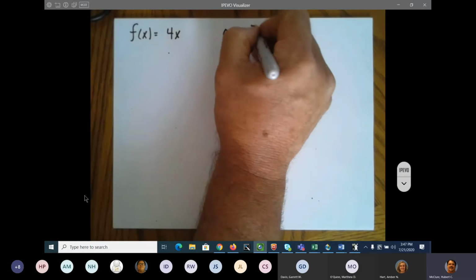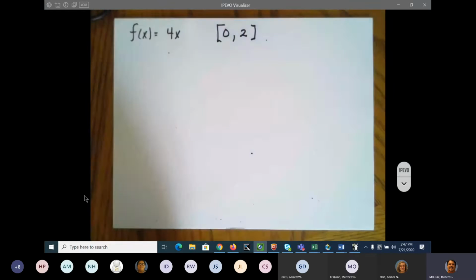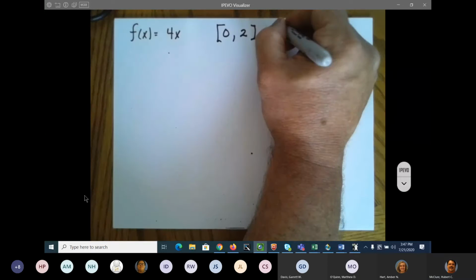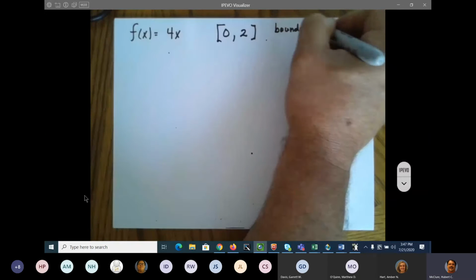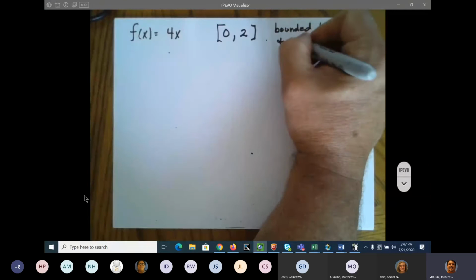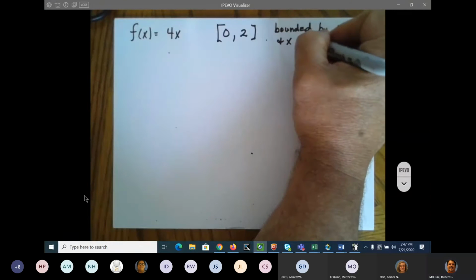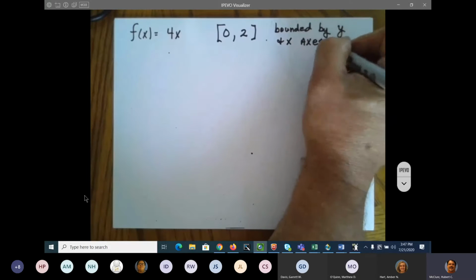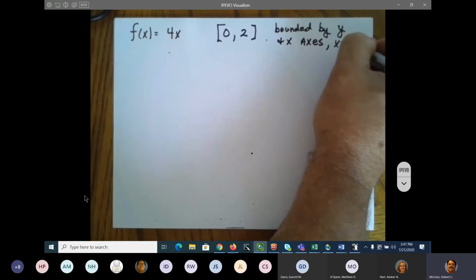Now, they write it in a different way, but it's basically from 0 to 2. I think they say bounded by the y and x axis, and something to the effect of x is equal to 2.